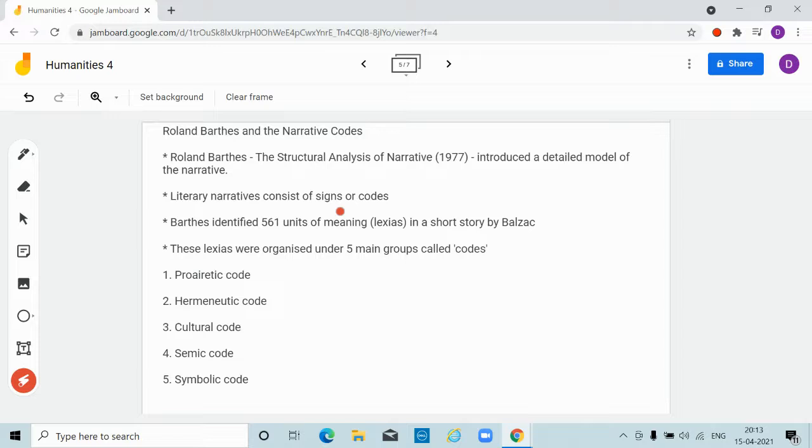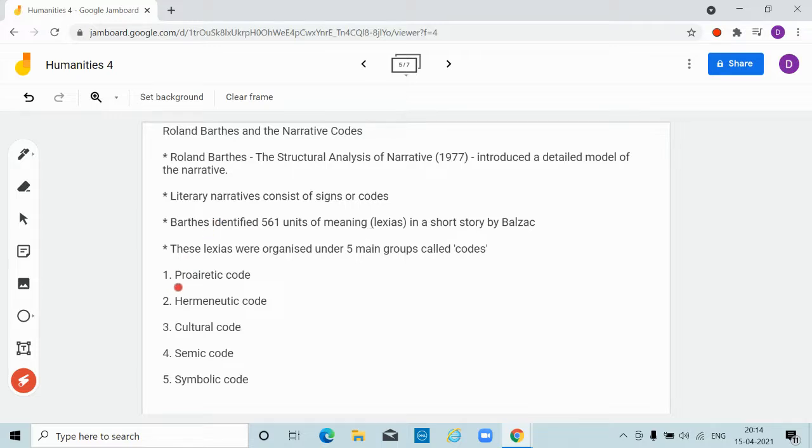These units of meaning were referred to as lexias by Barthes. And these lexias, or units of meaning, were organized under five main groups called codes.